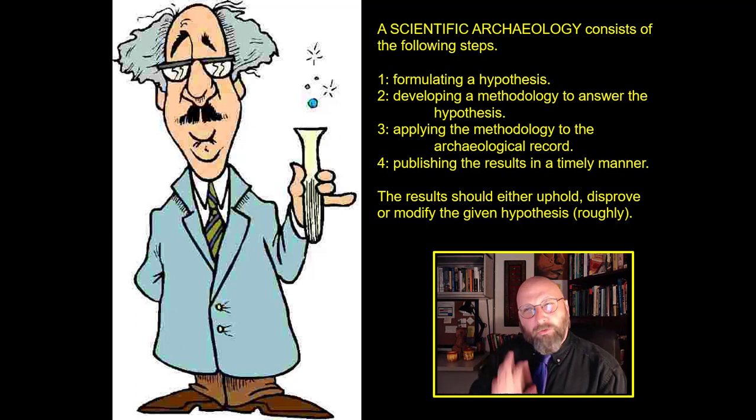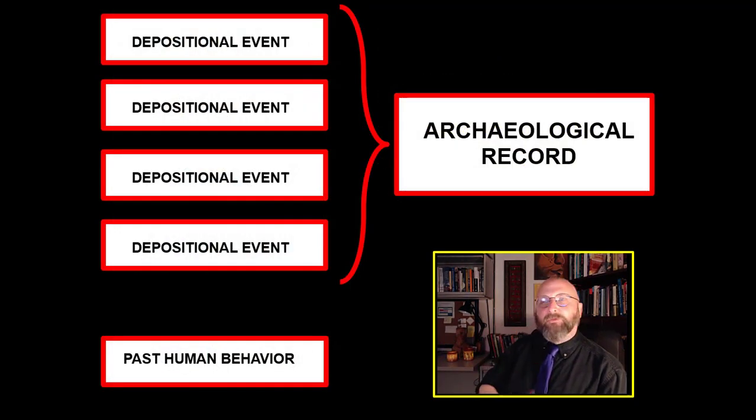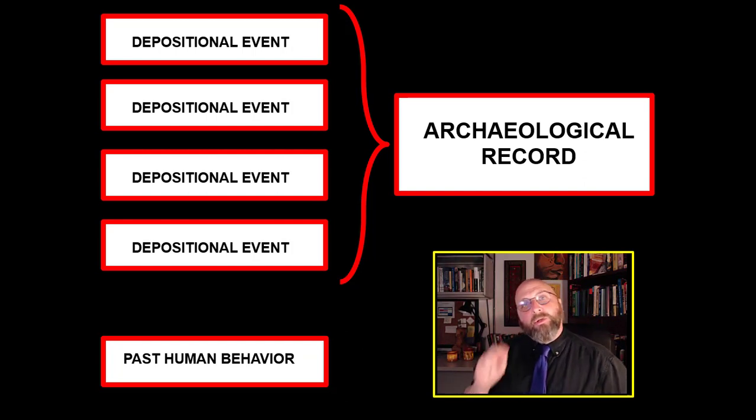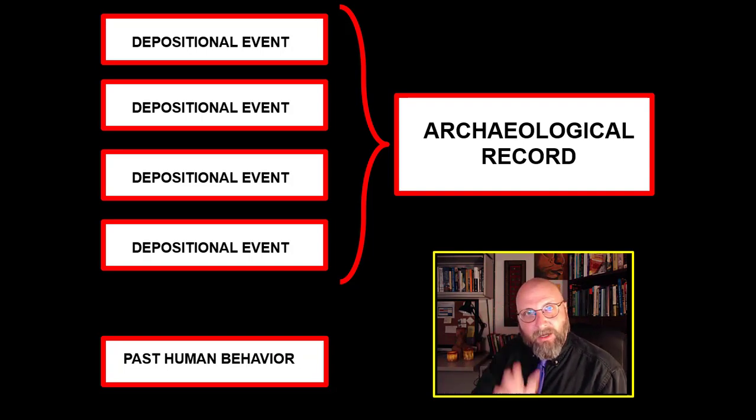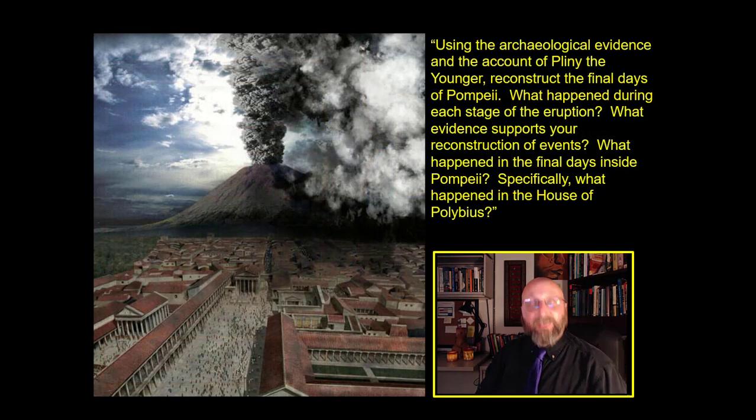And as we walk through the stratigraphic record of Pompeii, as we move through exactly what is at Pompeii today, you're going to use this data to get at past human behavior. And you're going to do this by studying the different depositional events that created the modern archaeological record of this ancient Roman city.